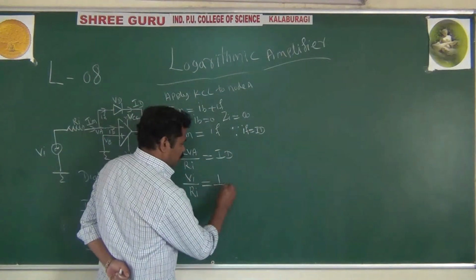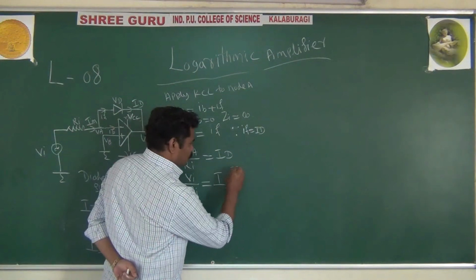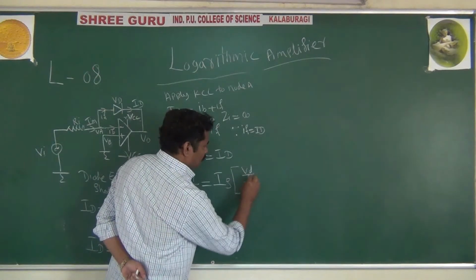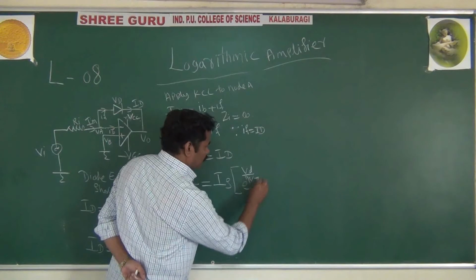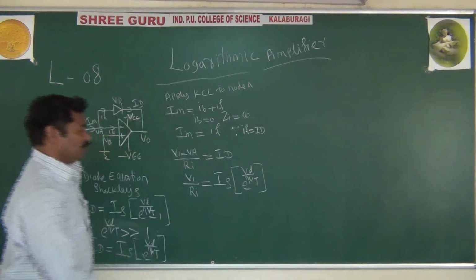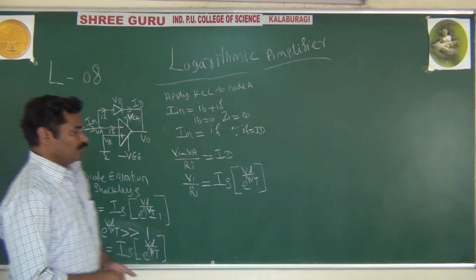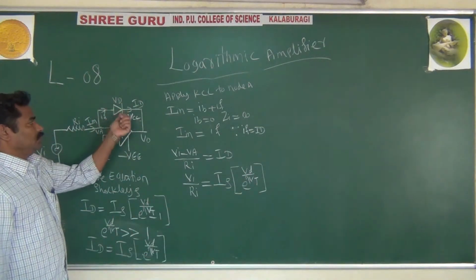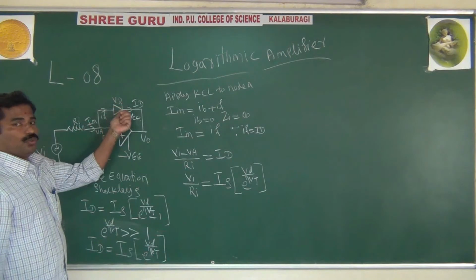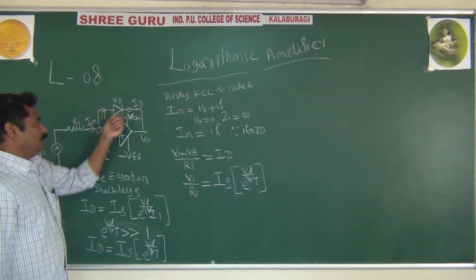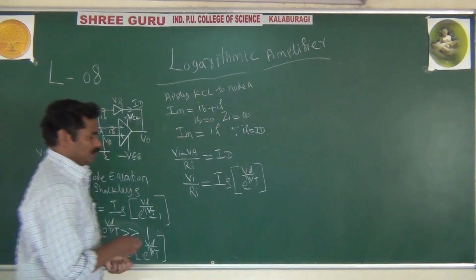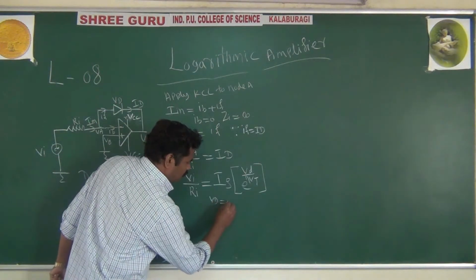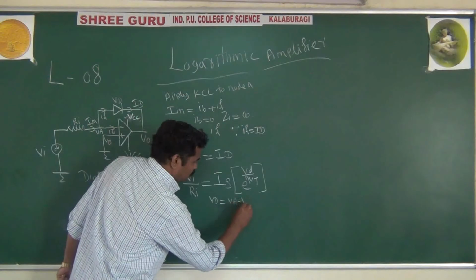You can write IS e raised to VD by eta VT, and here VD is nothing but the voltage across the diode, and because it is in the output side, we can write VD equal to VA minus V0.